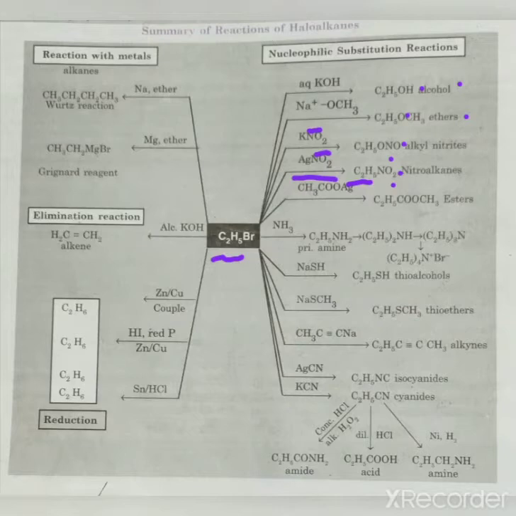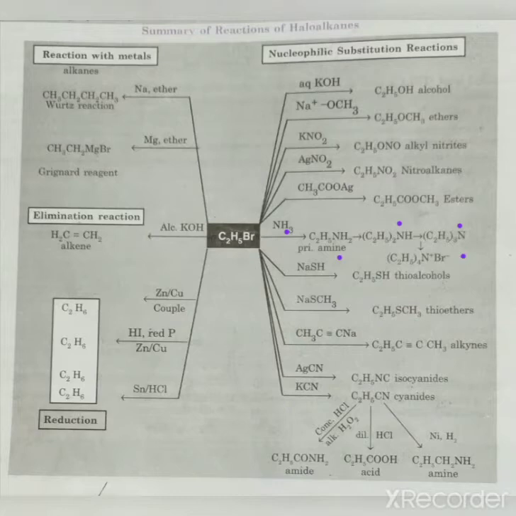That is the nucleophilic substitution reaction, in which we have also discussed the reaction with ammonia. So we are getting primary amine. Then when it is treated again, it gives secondary amine, tertiary amine and quaternary amine.